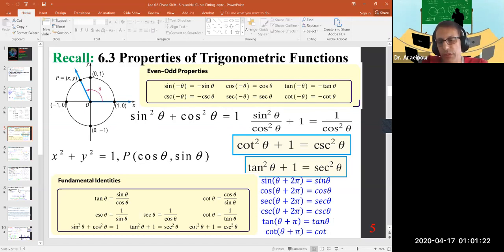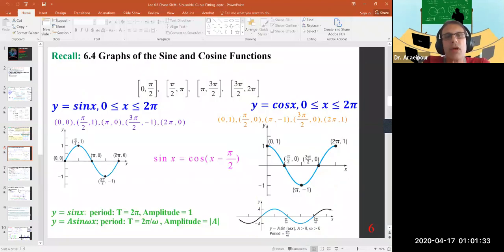Important identities known as fundamental identities, Pythagorean theorem, even and odd properties. Graphs of sine and cosine was discussed.